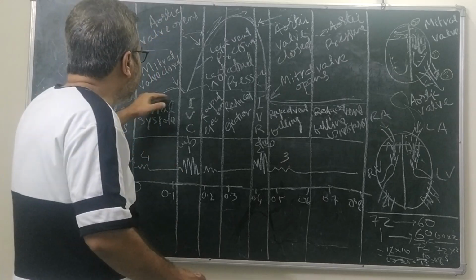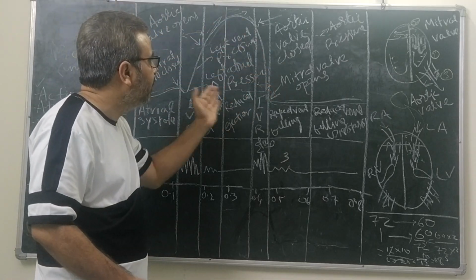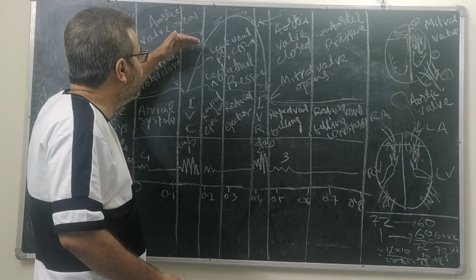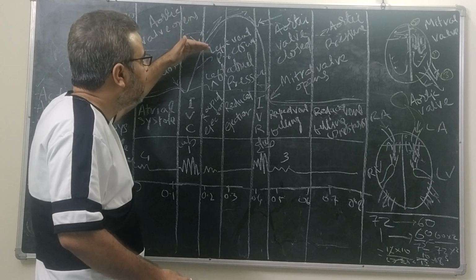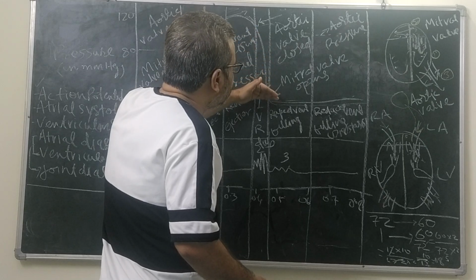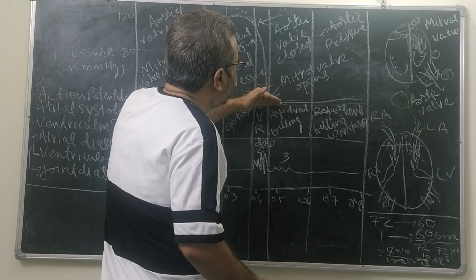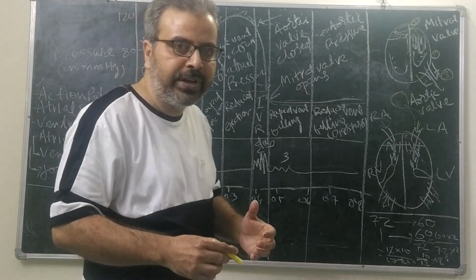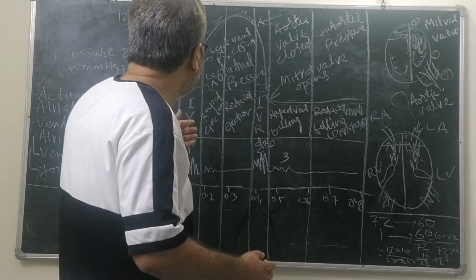So this increase and decrease of the ventricular pressure, coming equal to the pressure of the aorta, then decreasing below the aorta, and then equal to the atrial pressure, causes some phenomena which we can learn.